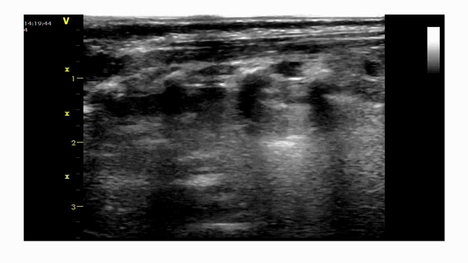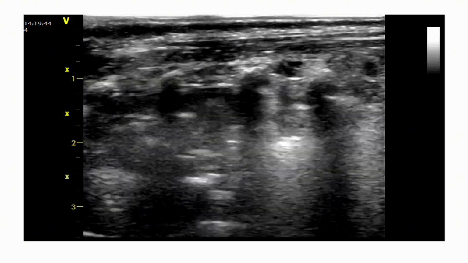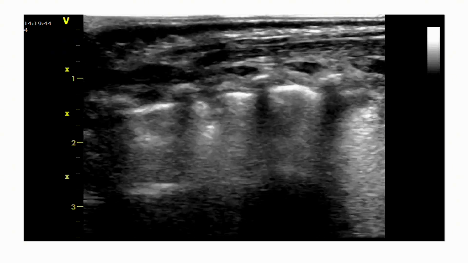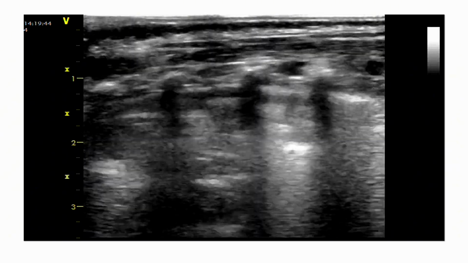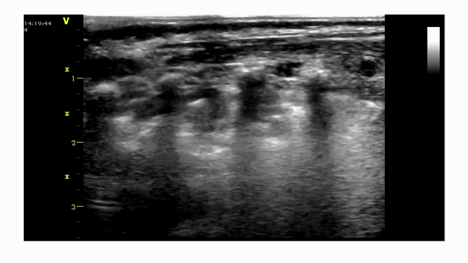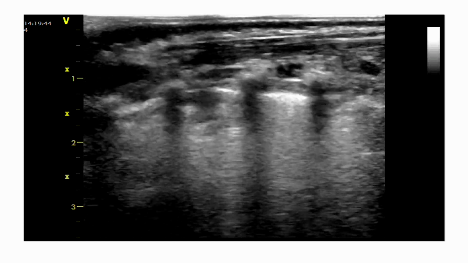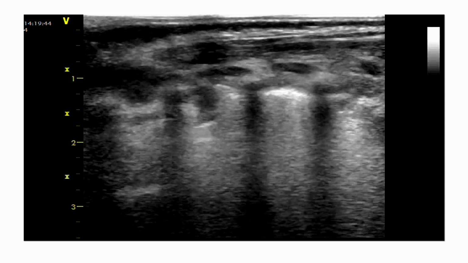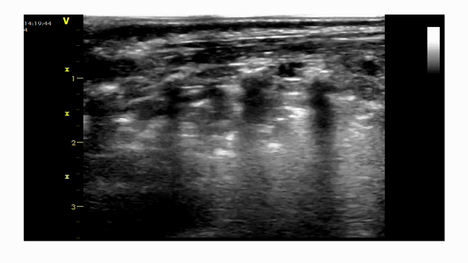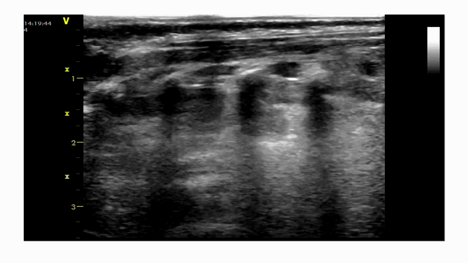The second sign here is the shred sign. It's a fractal sign, a static sonographic sign of lung consolidation, when the consolidated lung tissue appears as a subpleural hypoechoic region that has an irregular shredded deep border, the fractal line, and this brightness is because of the air that scatters the ultrasound beam.